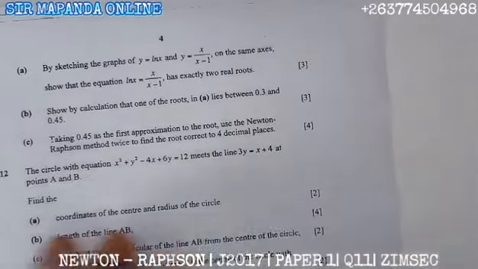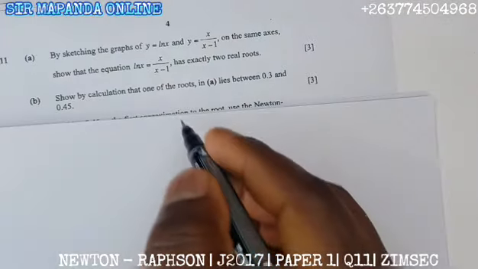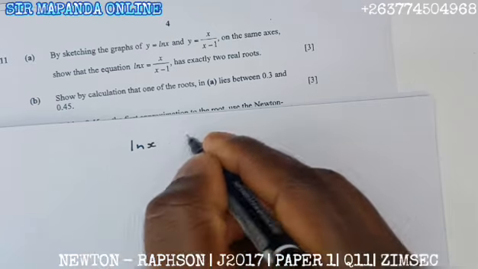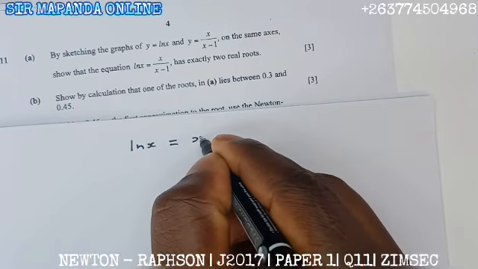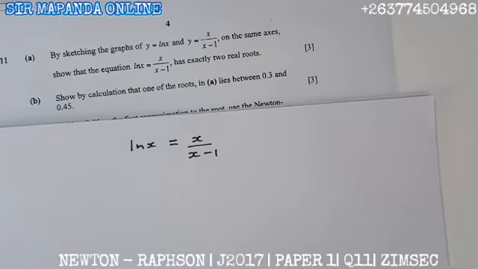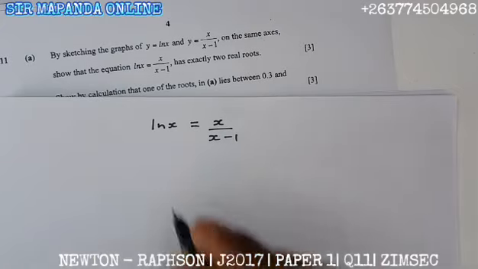Firstly, what you need to do is you create a function by moving everything to the one side, like you have ln x, right, is equals to x over x minus 1. X over x minus 1 is moved to the left side to create the function.